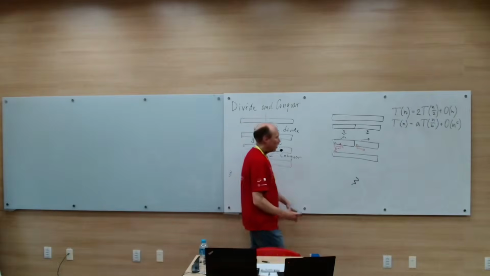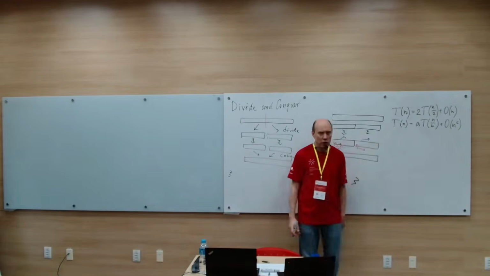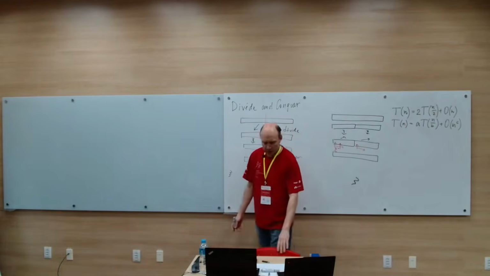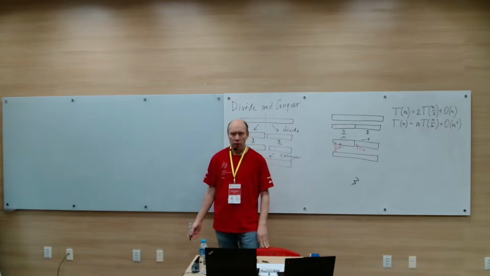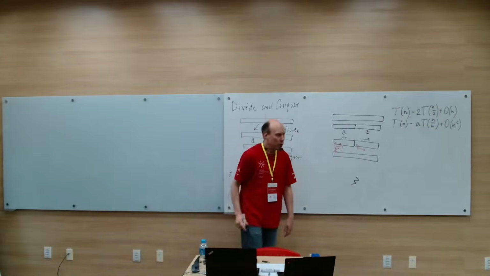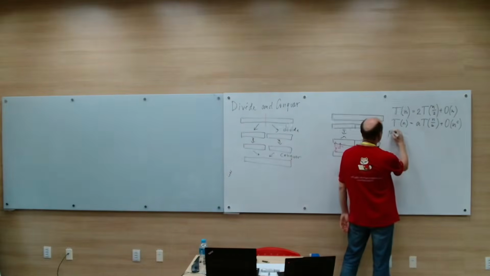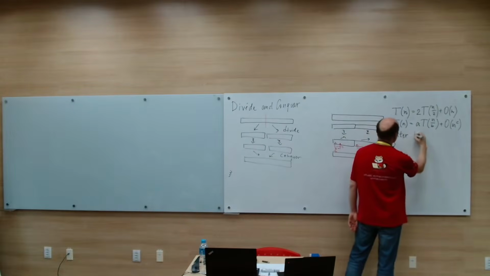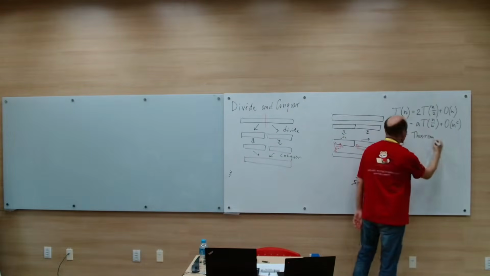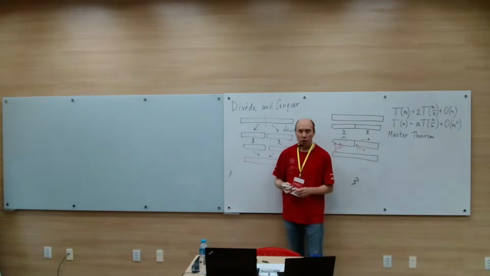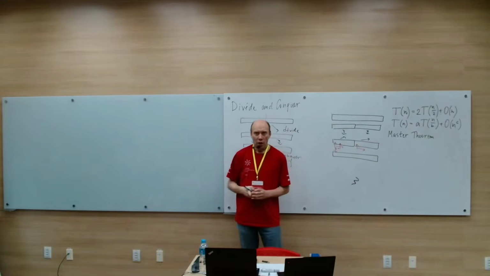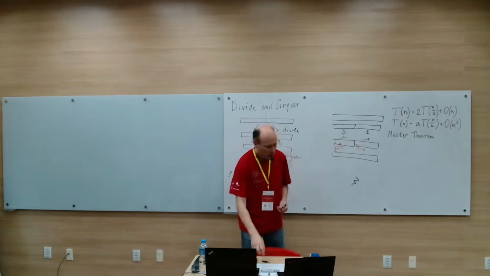Let's find out how long it takes in general. There is a general formula that covers the general case. It's called the master theorem, and it's usually taught in algorithms and data structures courses. Let's see the idea behind that.